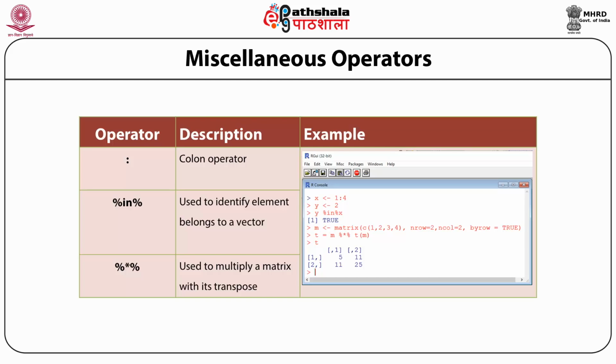For example, the colon operator, which is used to create a range of numbers. Then the %in% operator, which is used to identify whether an element belongs to a specified vector or not. And the %*% operator, which is used to multiply a matrix with its transpose. We can see clearly here in the example.